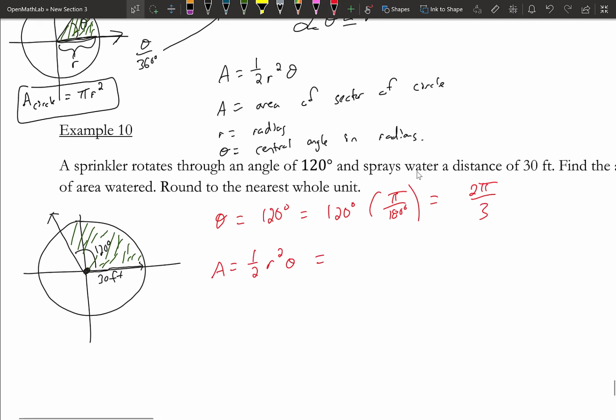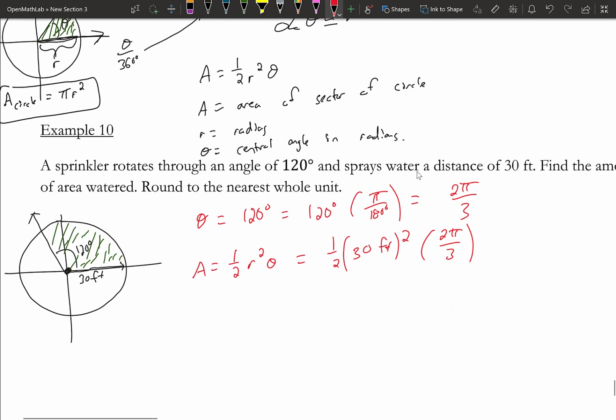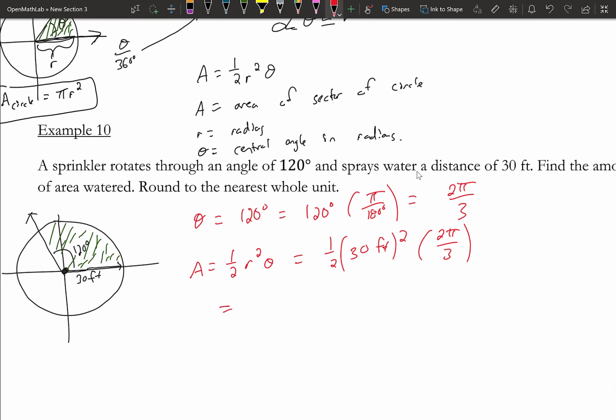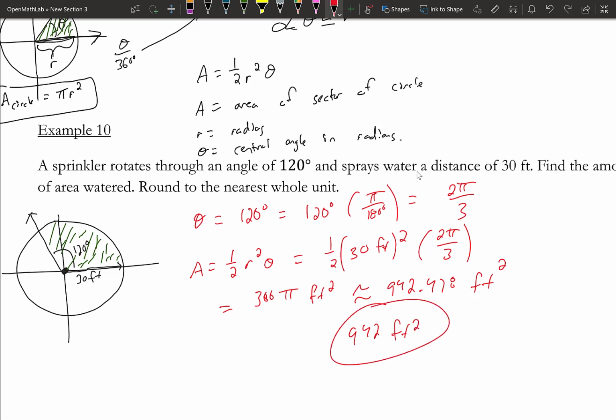Filling in what we know, we'd have 1/2 times 30 feet squared times theta, which is 2 pi over 3. And then you can simplify this down. This will end up becoming 300 pi square feet, which is approximately equal to 942.478 square feet. We're asked to round to the nearest whole unit, so we would get 942 square feet. So that's one way to go about it.